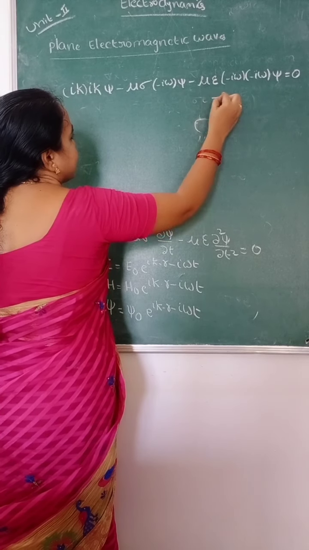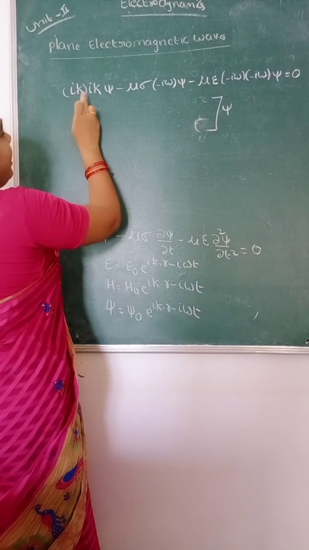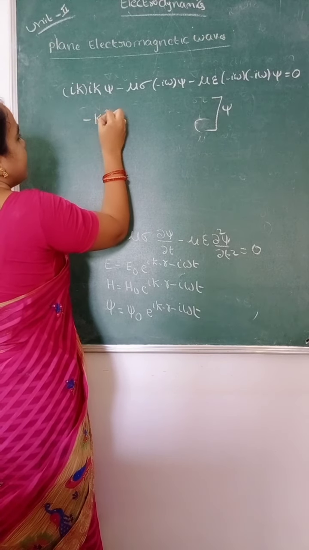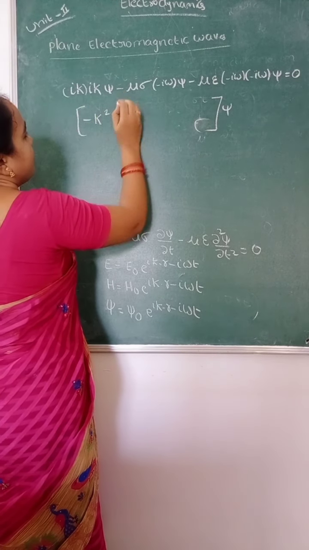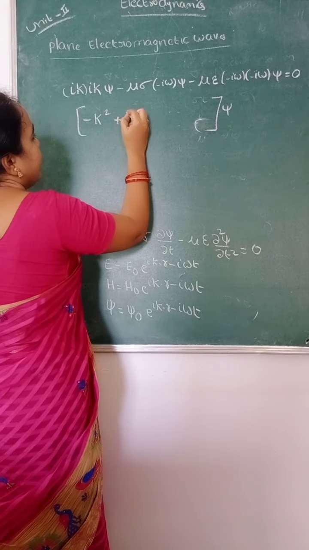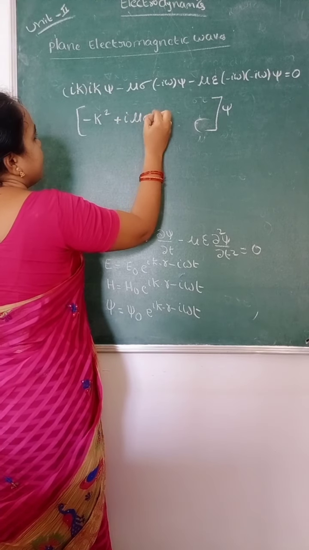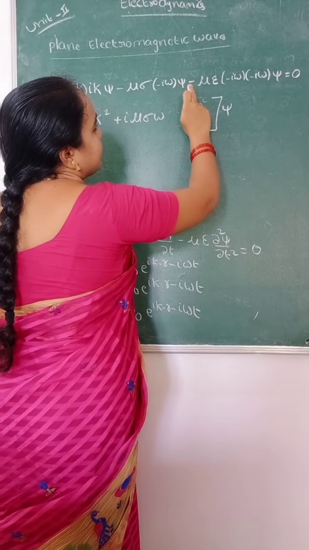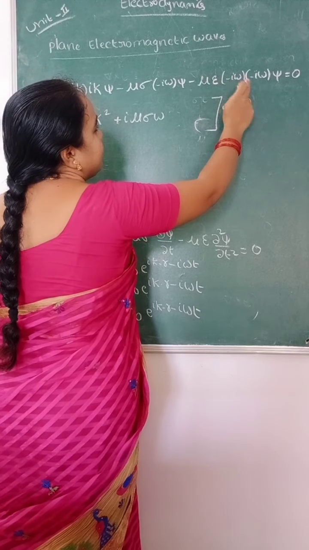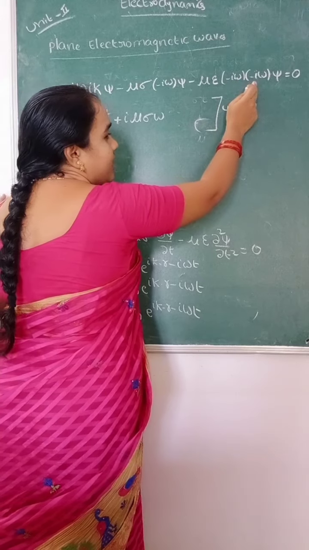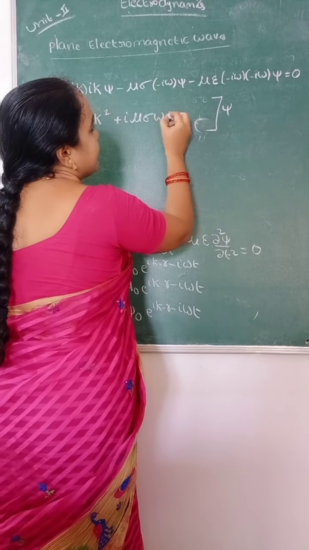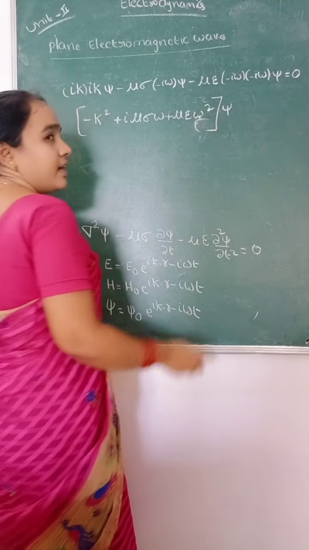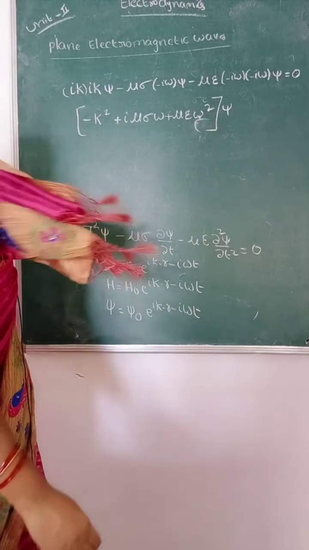Taking psi as common, I square k square is minus k square, and minus into minus is plus I mu sigma omega. Minus into minus is plus, I square value is minus 1, so we get plus mu epsilon omega square into psi is equal to 0.